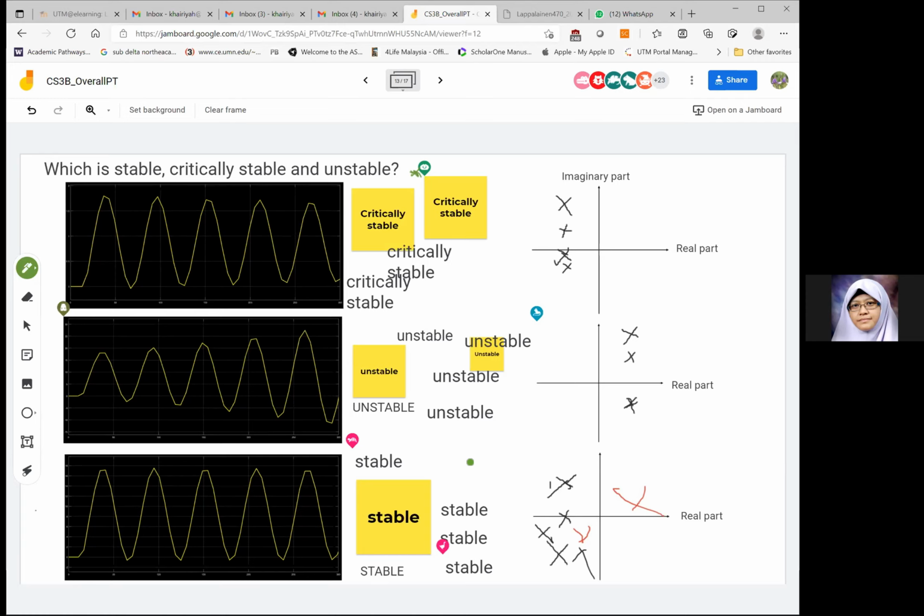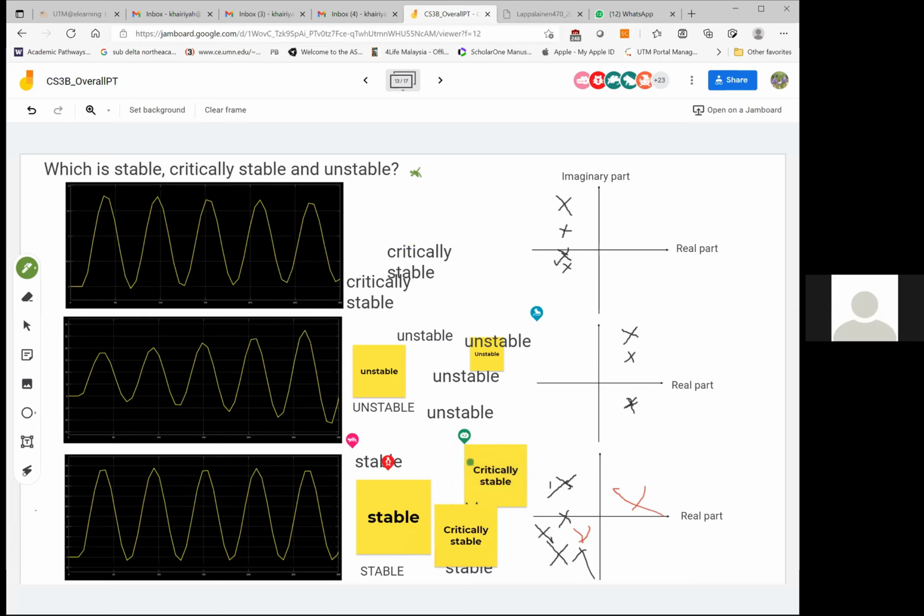Okay, so which one is critically stable? Are you all happy with the answer? Yes? No? Do you agree the first one is critically stable, everybody? The first and the third seem to be similar for me.